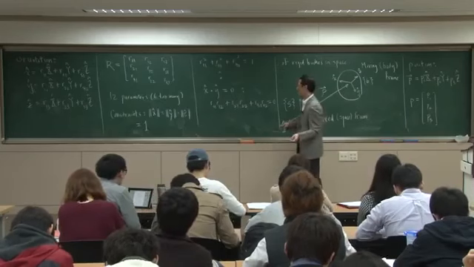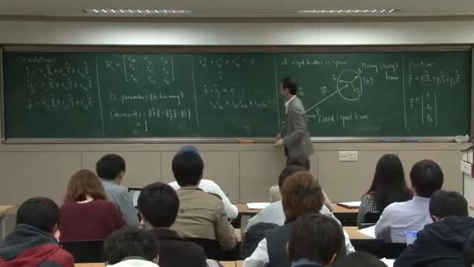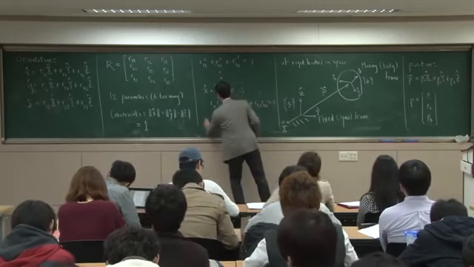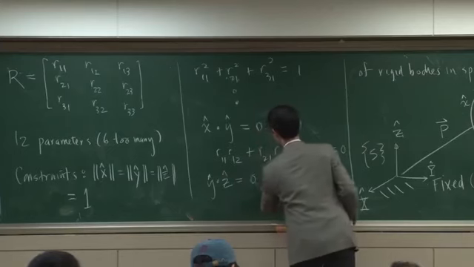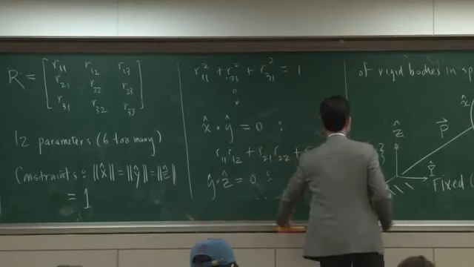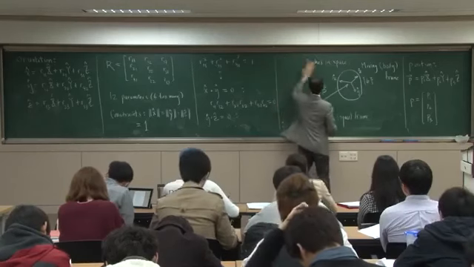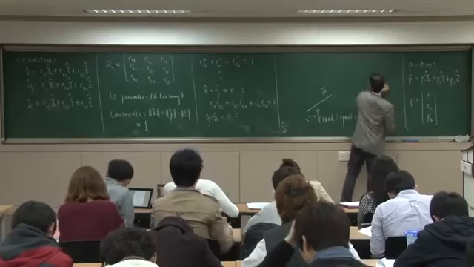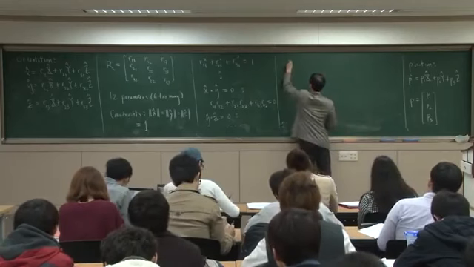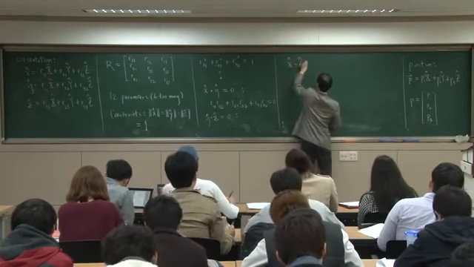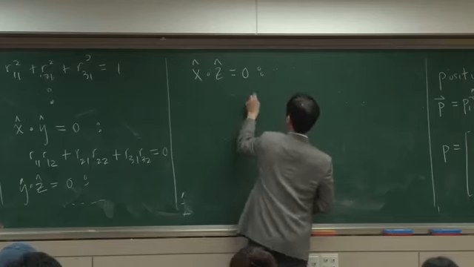And we have two more, right? Y dot z equals 0, and the final constraint x hat dot z hat equals 0. So we have these constraints.